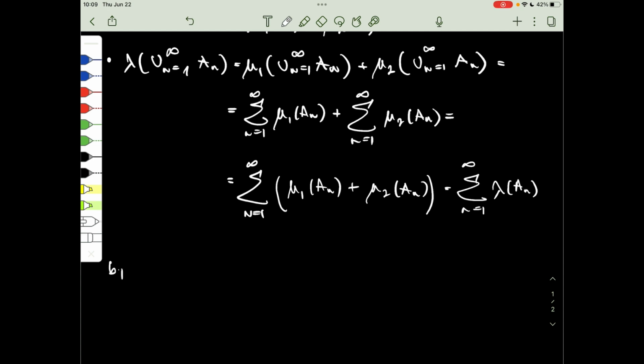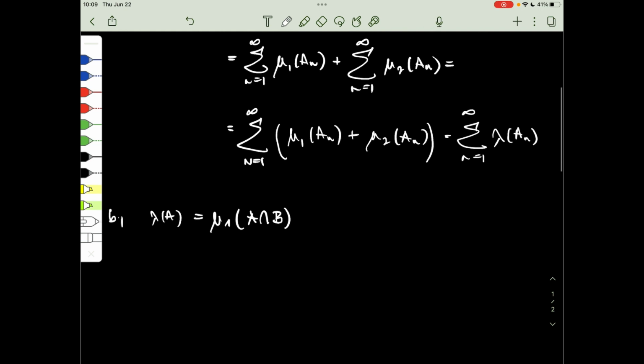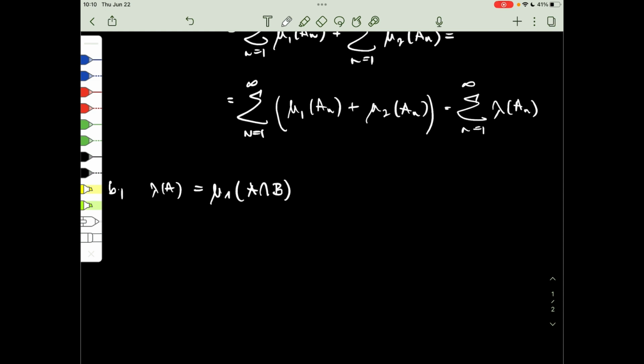Problem B is related. We define a function on the basis of a measure, mu1 is a measure, and we want to show that the function lambda is a measure. So the task is very similar. So let's focus on the three basic properties of measures.